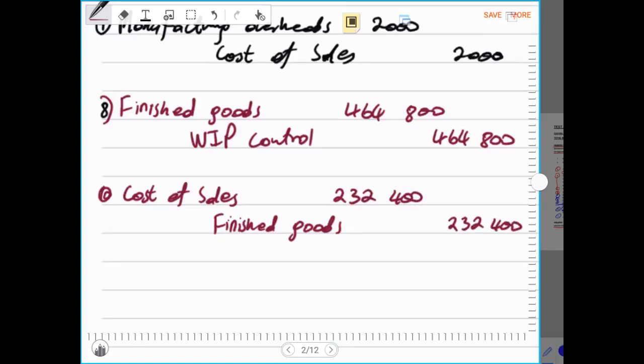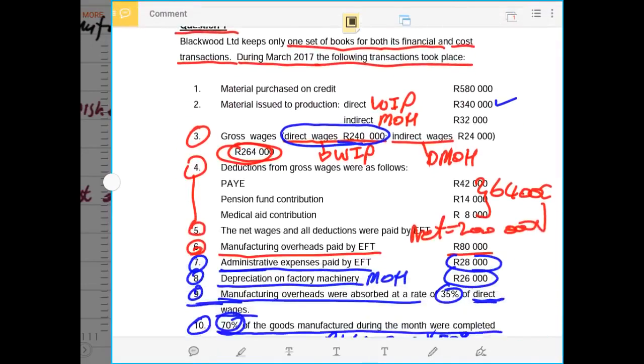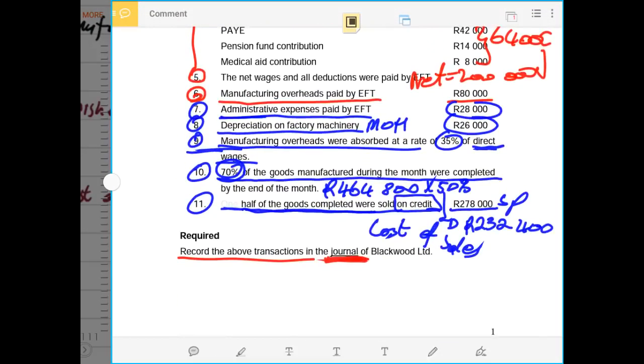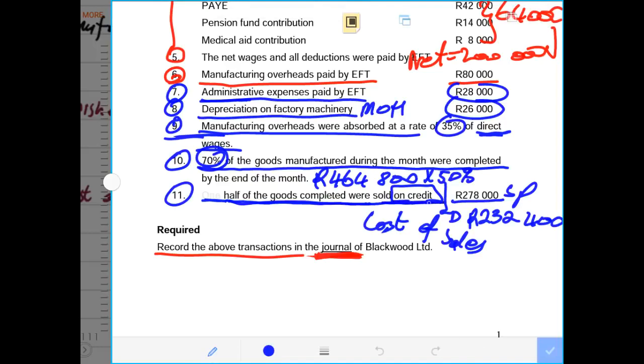232,400 rands. Then after, we record the selling price, and because these goods were sold on credit, now we have to debit our trade receivables. Then after, we credit our sales income. They said they were sold on credit for 278,000 rands.